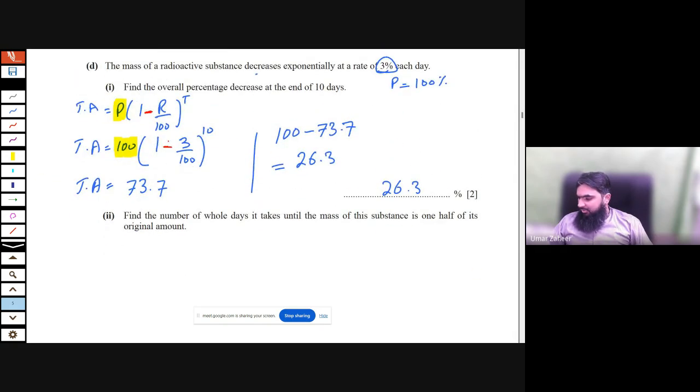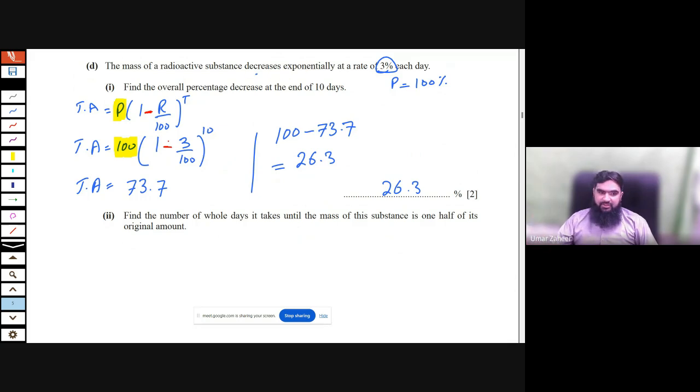Find the number of whole days it takes until the mass of this substance is one half of its original amount. One half means, here he says that you have decreased. We have to take 100%.